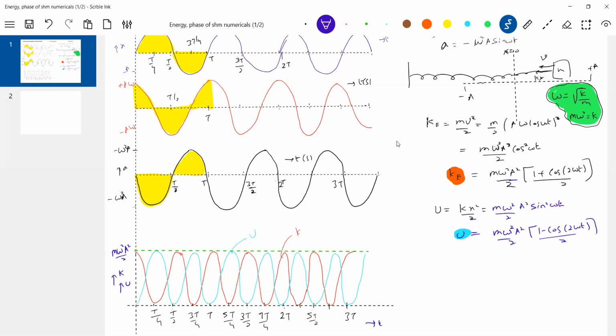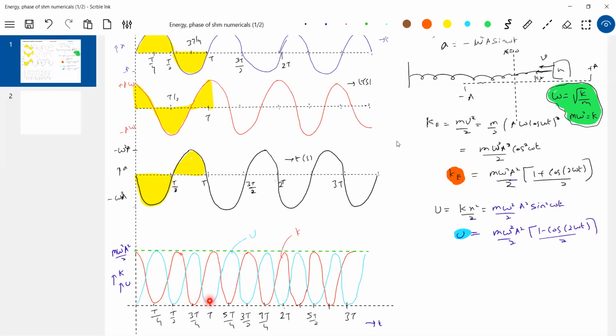Now, what is one cycle? By the time the block completes one to and fro motion, it will start from mean, right extreme, mean, left extreme, mean. By the time the block completes one oscillation, what will happen to energy? The variation of energy completes two oscillations. Are you able to notice? Look at the red color one.